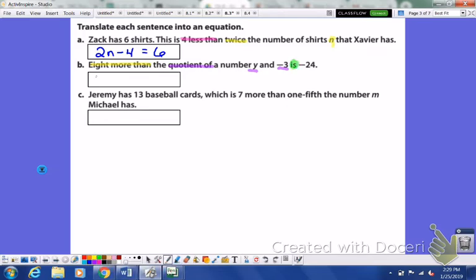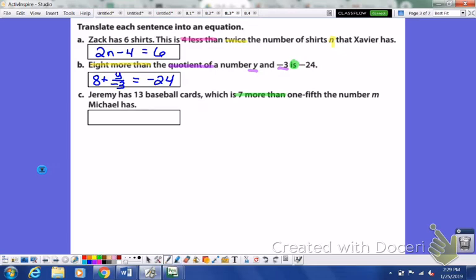So 8 more than, we're going to add the quotient of a number y, so that means division. We're going to use our fraction bar for division, so y over negative 3 equals negative 24. And if you're having trouble squeezing that into the box, don't be afraid to write it over to the side here.